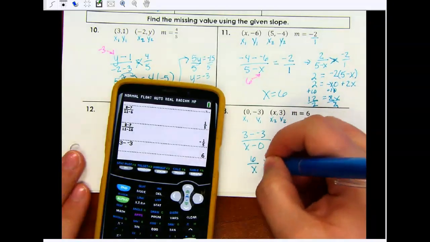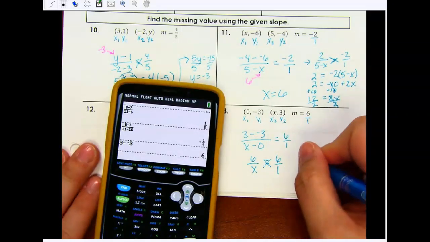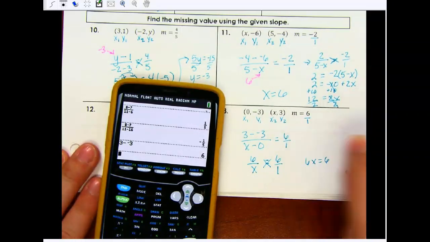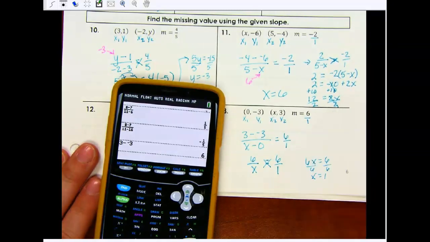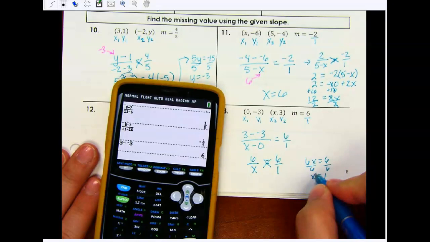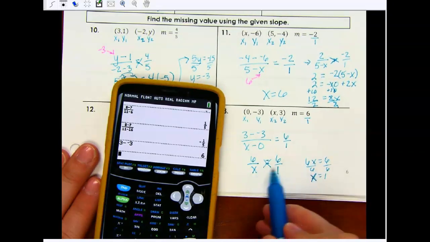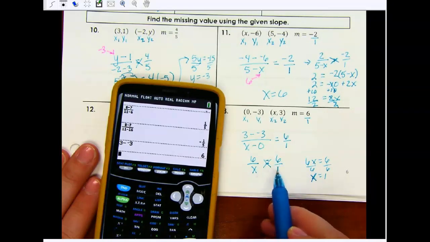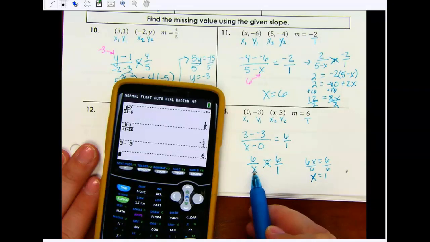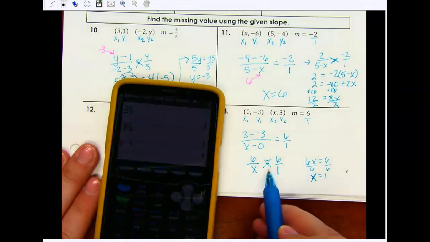So when we cross multiply this, we're going to get 6x equals 6. When you divide that, that means x equals 1. Well, of course x equals 1, because we were already saying these two fractions had to equal each other. So if the top was 6 and the top was 6, that means that whatever this bottom is, 1, had to be the bottom over here because they had to equal.